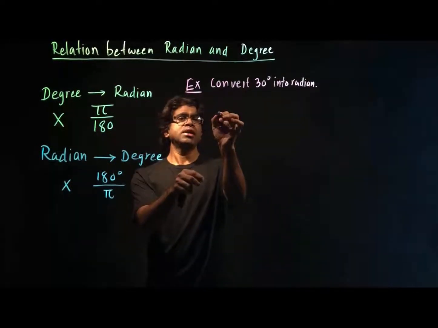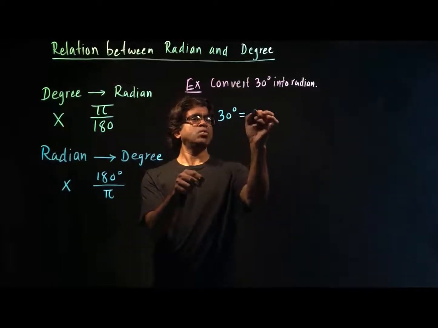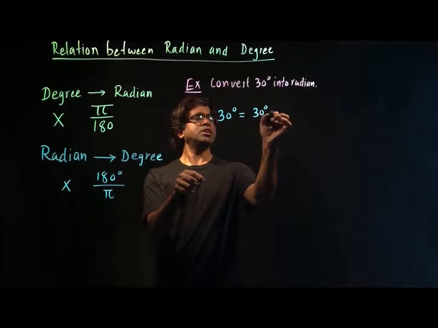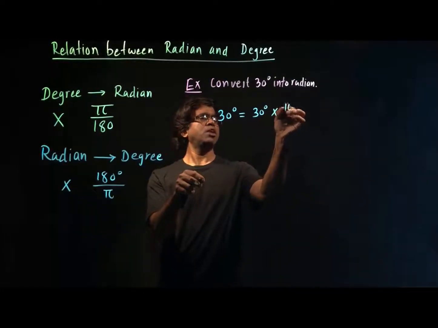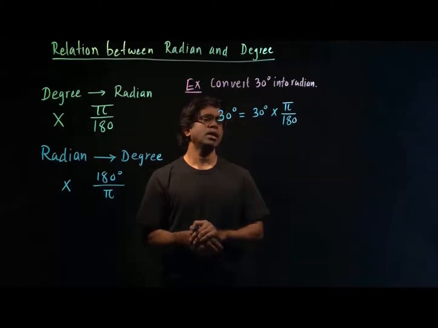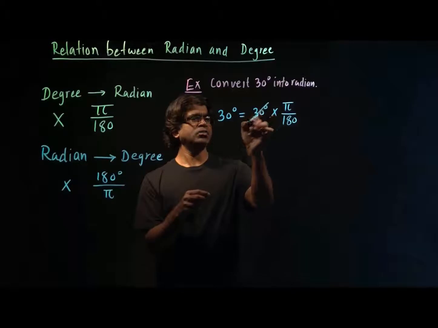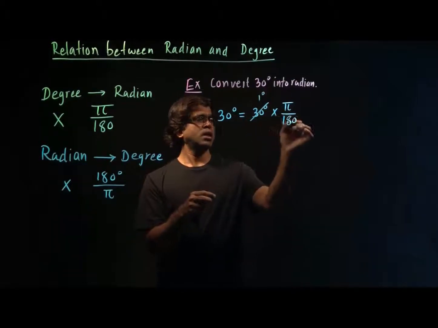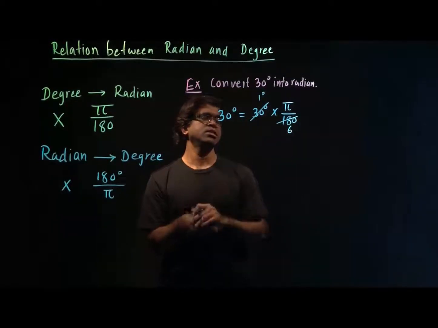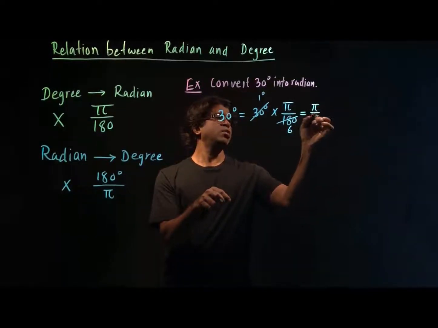So I will write 30 degrees is equal to 30 degrees times pi over 180. If I simplify this, 30 times 1 is 30, and 30 times 6 is 180. So I got pi over 6.